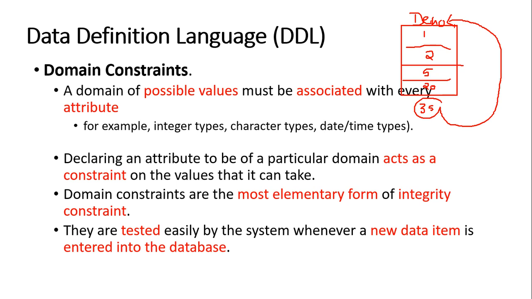So domain means all possible values. In your case, suppose I take your marks card and check your marks in computer science, you may have possible marks from 0 to 125 or 150 or maybe 100 depending upon what you are writing. So that is the domain.